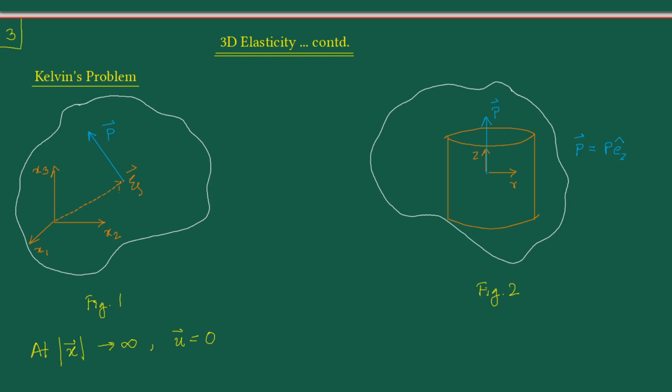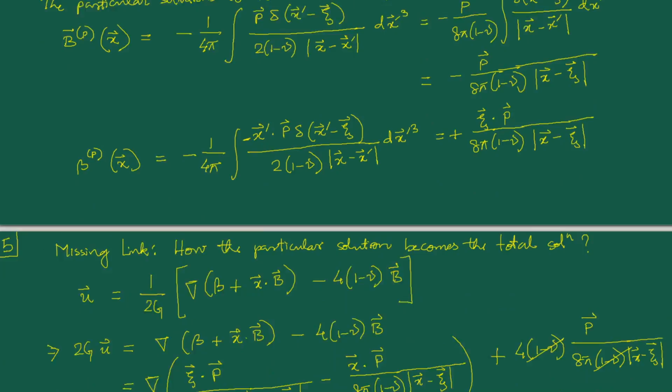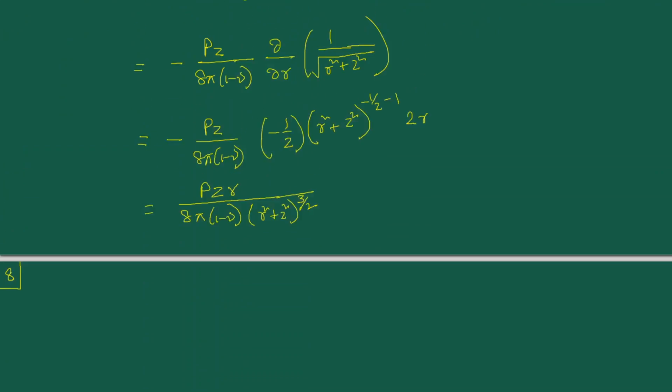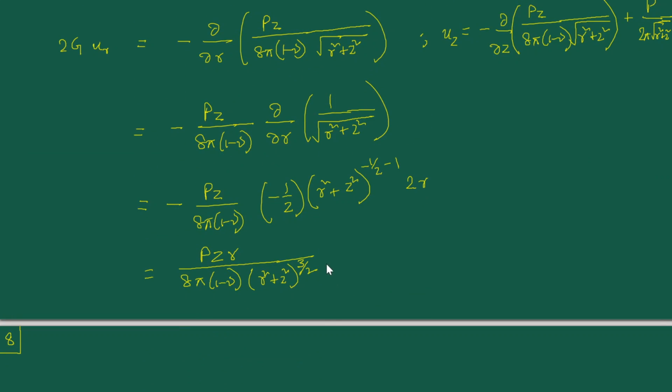So can we perhaps think along those lines and try to see what is going on here in the solution? This one component of the solution that we have obtained, what is going on here? So suppose you think of r tending to infinity.